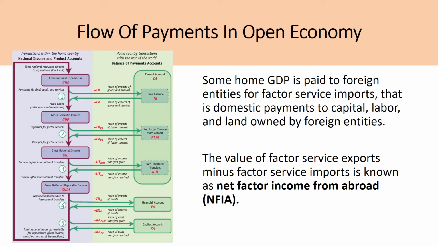That is domestic payments to capital, labor, and land owned by foreign entities. The value of factor service exports minus factor service imports is known as net factor income from abroad, NFIA. So essentially, we've talked about GNE and accounting for the trade balance. Some expenditure goes to acquire foreign assets, and some production is sold internationally, and that is recorded in the trade balance.